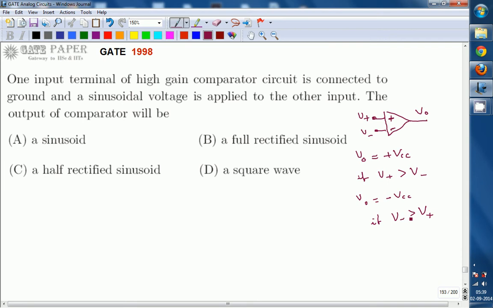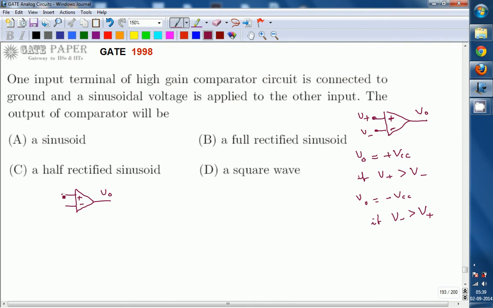Now, in this comparator, one input terminal is given ground, and the other input terminal is connected to the sinusoidal voltage. So there are two cases. This is the first case, this is plus and this is minus, and this is V0.